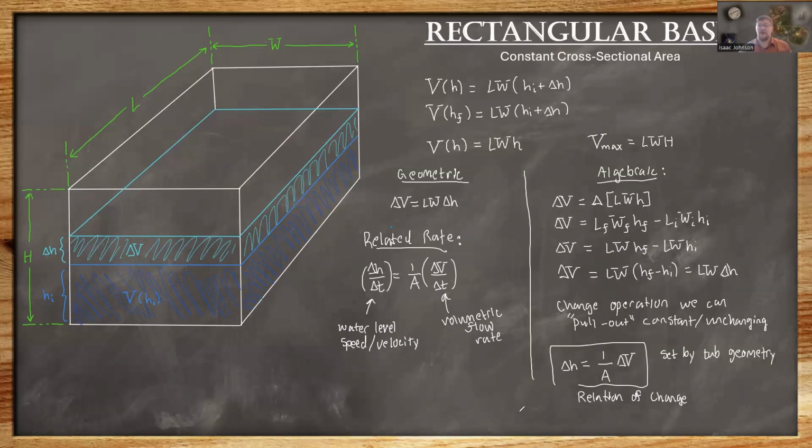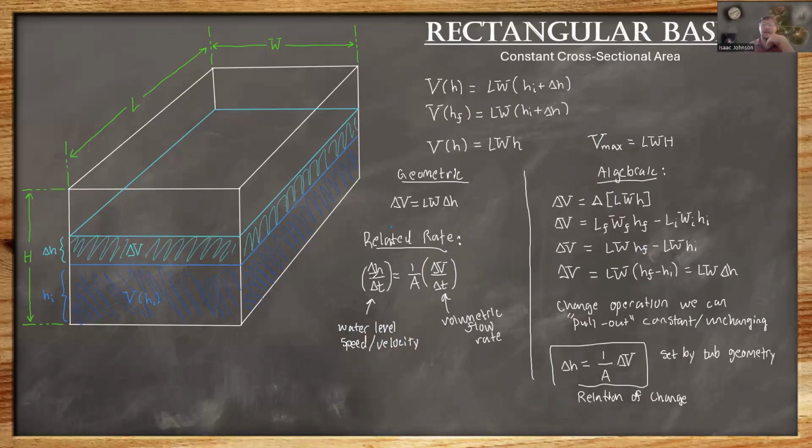Now, a question for you here. Up until now, we've been talking about constant volumetric flow rates, right? Nice linear accumulation of water. Does this related rate require delta V over delta T to be constant? Wouldn't that depend on the rate of height in regards to T as well?